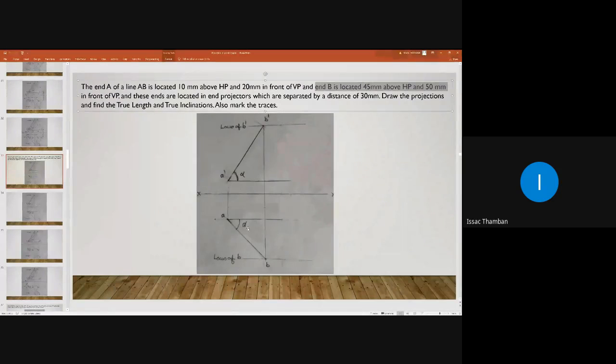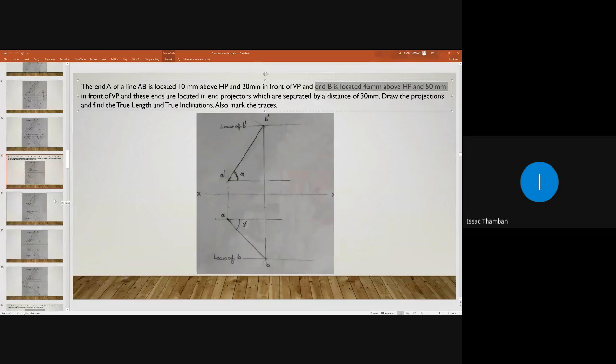That means I am going to find the value of phi at first. So how can you find the true length and true inclination of a line with respect to VP? For that, the line AB must be parallel to VP. If line AB is parallel to VP, then in the plan it will reveal its true length and true inclination. That is our rule.